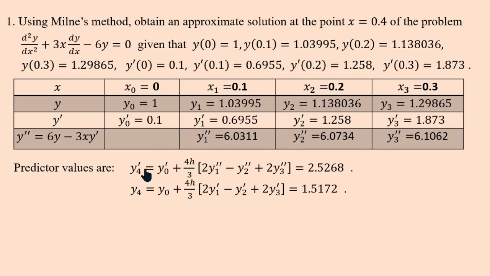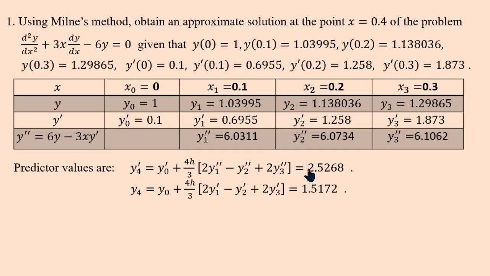Okay, after calculating y1 dash, y1 double dash, y2 double dash, y3 double dash, use the predictor formula. y4 dash is y0 dash plus 4h by 3, 2y1 double dash minus y2 double dash plus 2y3 double dash. That means y0 dash, this one 0.1, plus 4 into h, increment in x is 0.1, 4 into 0.1 by 3 into 2 times of 6.0311 minus 6.0734 plus 2 times of 6.1062.